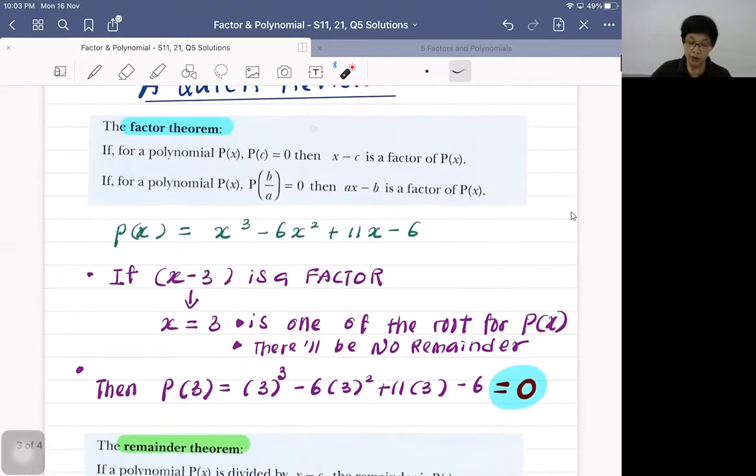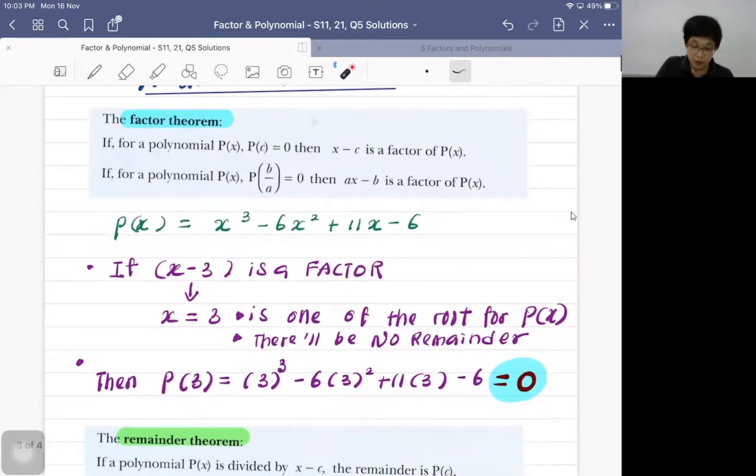I've given an example here. Given that p(x) equals x cubed minus 6x squared plus 11x minus 6, and given that x minus 3 is a factor, that statement points to us that x equals 3 is one of the roots of the p(x) function.